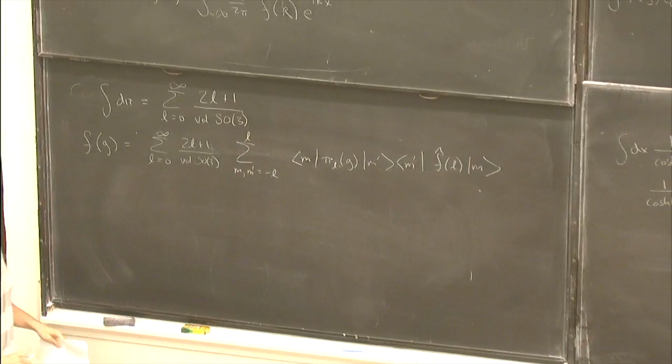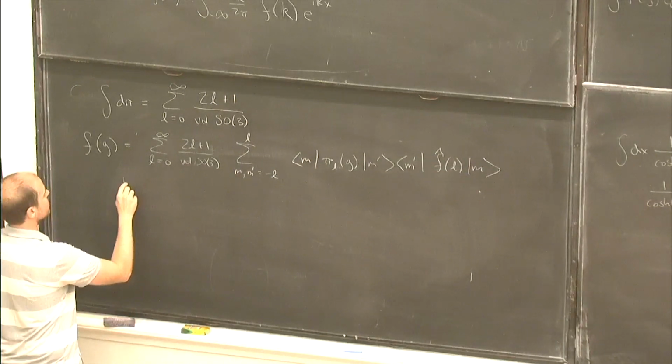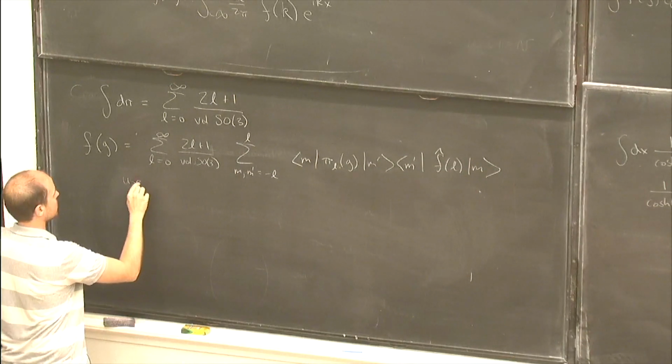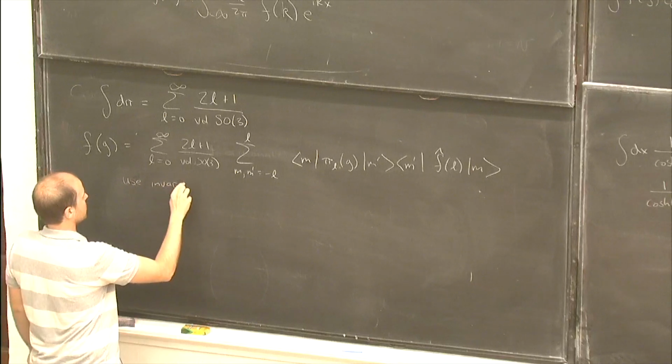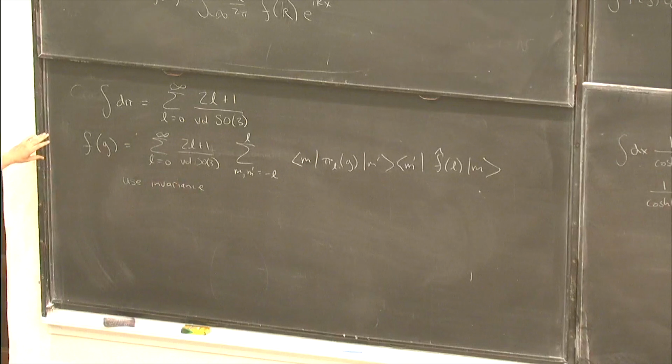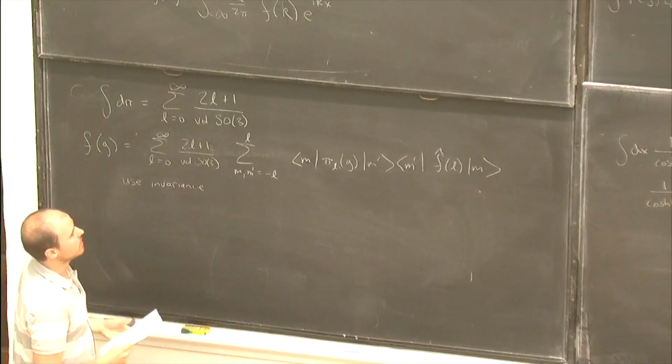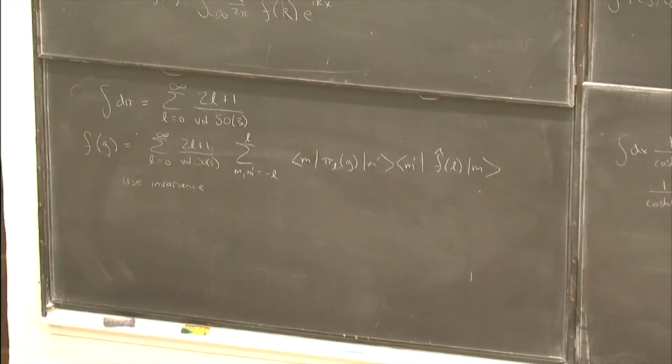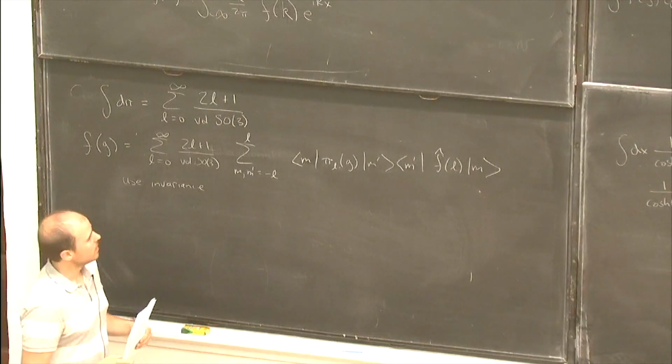And so now let's use invariance. This expression is true for any function on the group, but we're not just interested in any function. We're interested in a function that is invariant under right multiplication by SO(2).